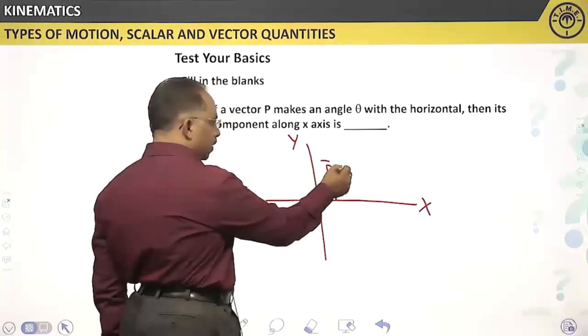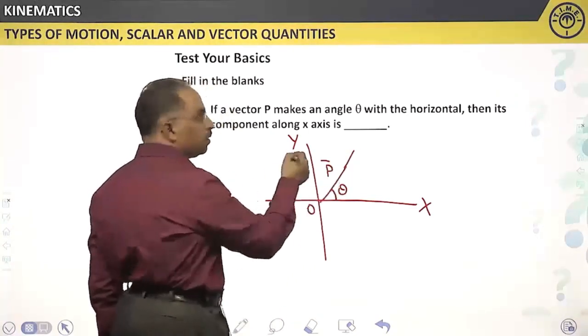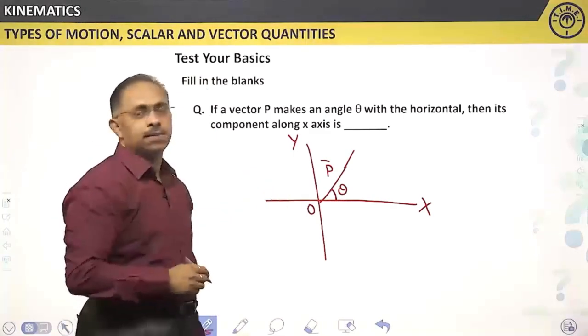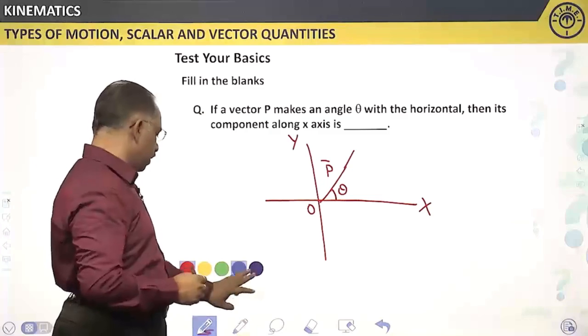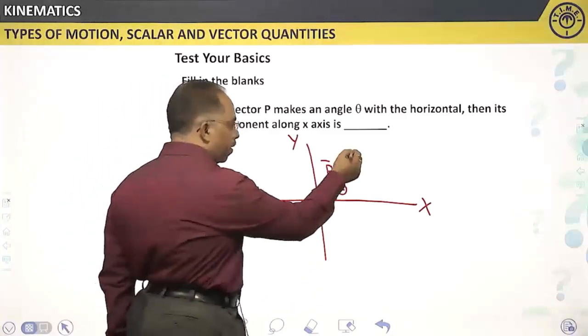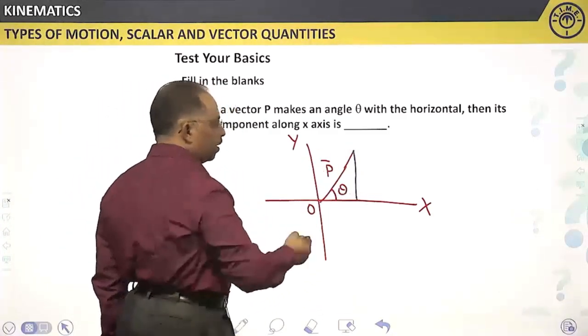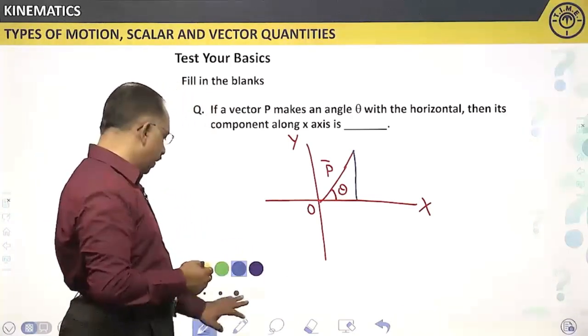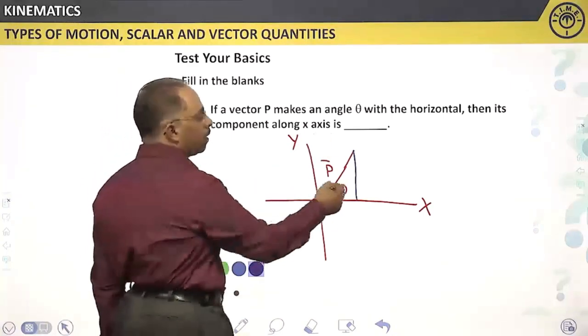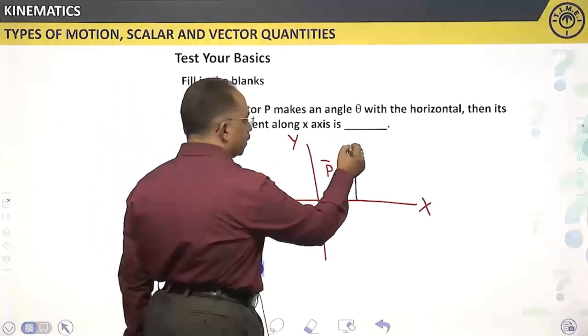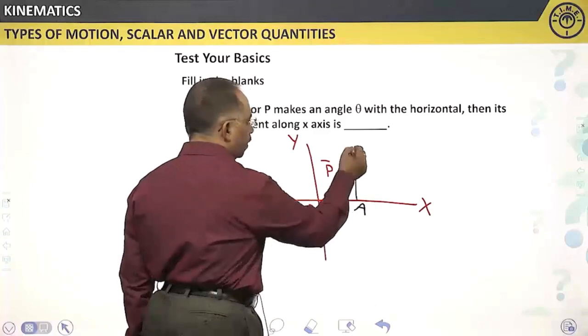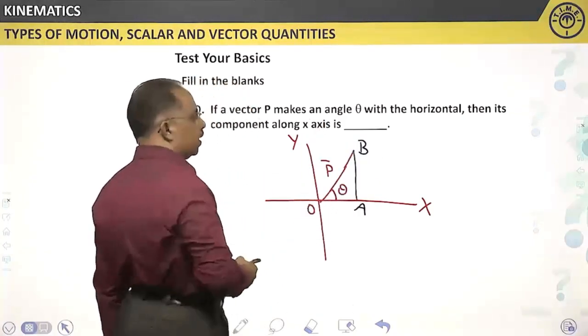Now, if this vector makes an angle theta, I want the component along x. So, what will I do? I will take different components. I will draw a perpendicular onto the x-axis. Let me mark this as A and this as B, right.